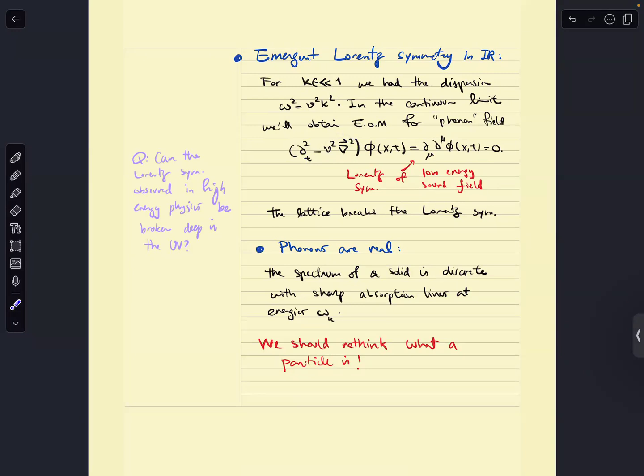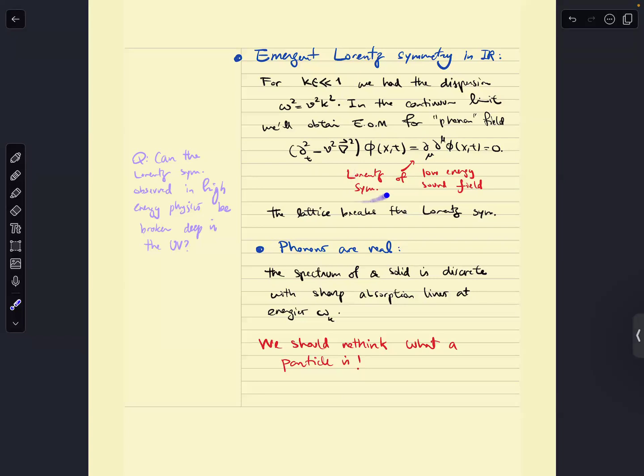It's the same thing. I'll now call the field I was solving for phi of x and t, and it's convenient to write it using covariant Lorentz notation, del mu of phi of x and t.